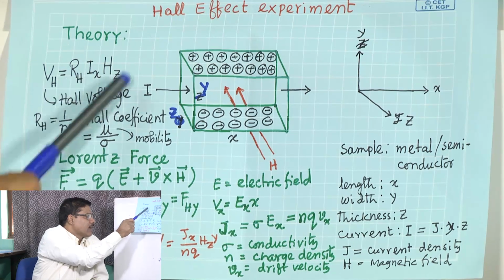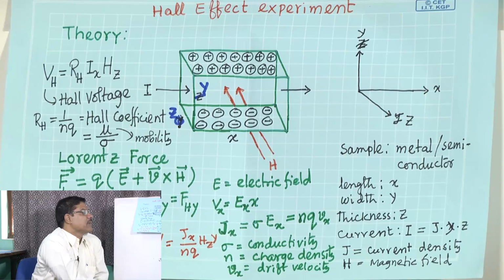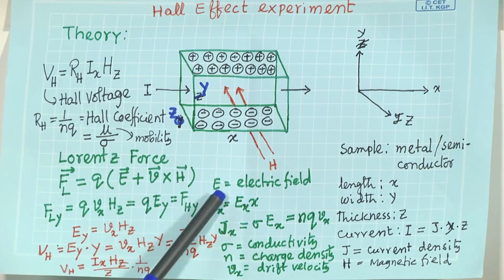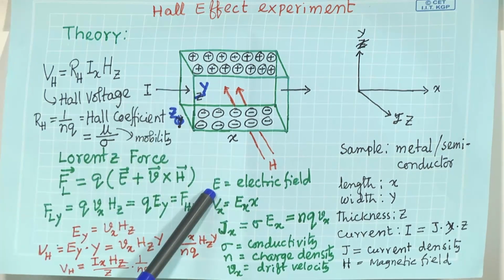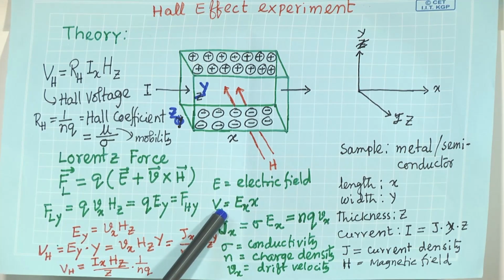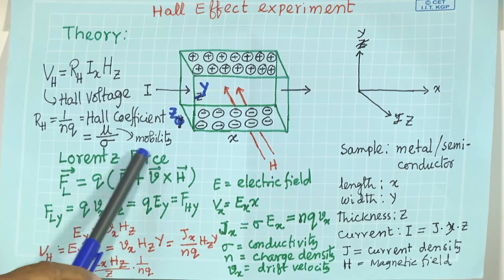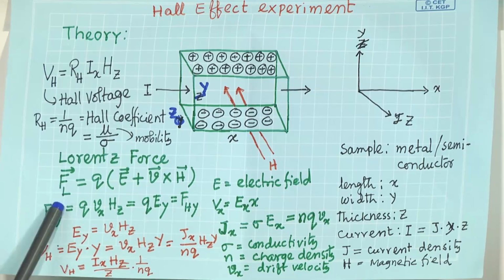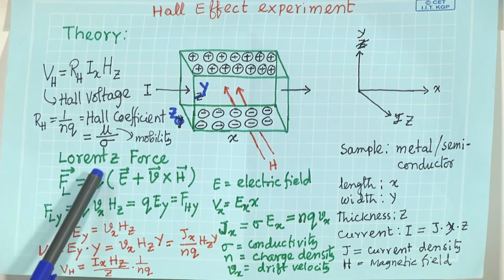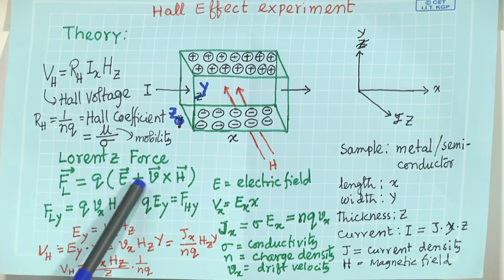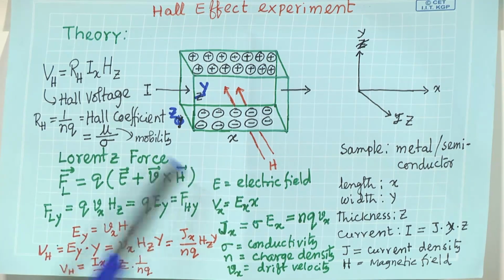So how has this formula come? Basically, you know the Lorentz force, FL, is equal to q(E plus v cross H). In an electric field and magnetic field, what is the force acting on the charge carrier?